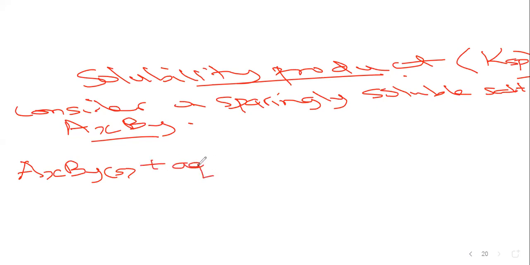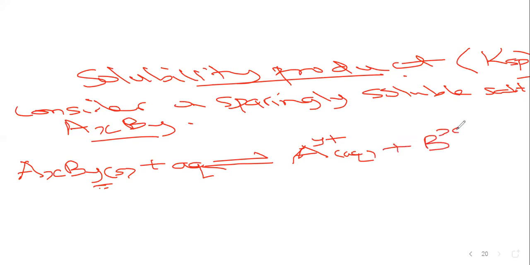Aqueous, don't put brackets on this. In a solution, there is an equilibrium established between this salt and its ions. What's the charge on A? The charge on A is the valence here, which is y plus, the cation. And that of B will be x minus. Are you getting me?